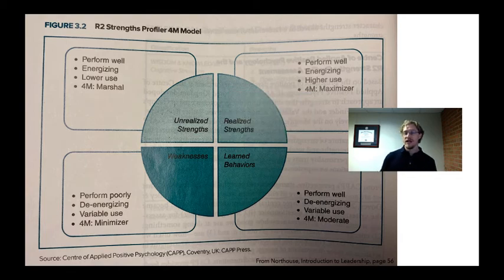With your unrealized strengths, these are kind of your backup strengths or things that you use less often. And sometimes in life, those can shift. For example, in my home life, I use some strengths that are different than in my work life. But thankfully, I'm able to use strengths in both situations.